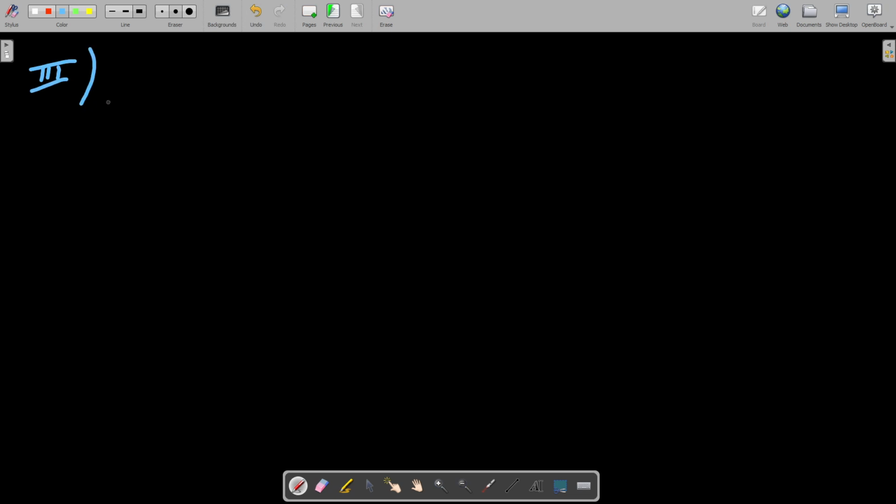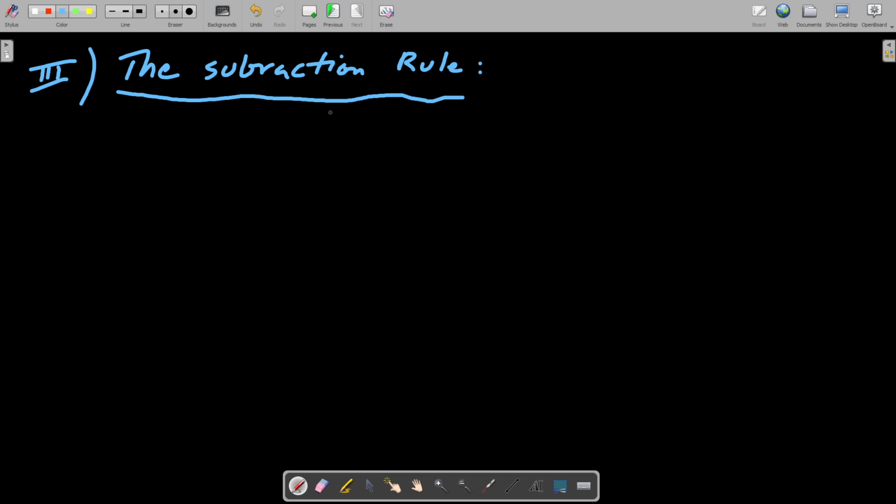Okay, this is the subtraction rule. My handwriting is coming out bad now because I don't have the proper angle to sit and write here.